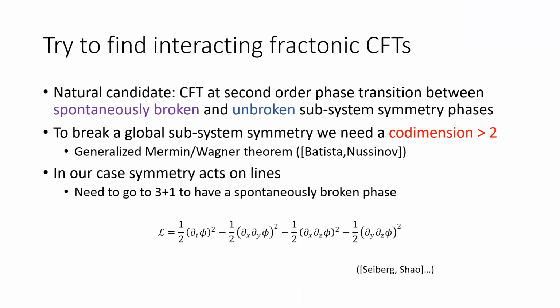Sorry, on this slide, I think I'm missing something basic. So you say you need your symmetry to act on lines. The bottom Lagrangian, aren't the symmetries on planes? So you shift phi by a function of x, for example, plus a function of y plus a function of z.